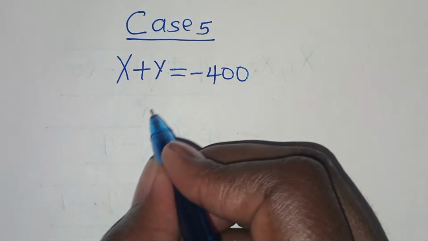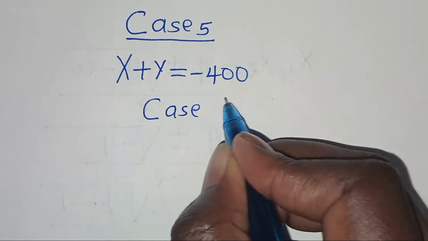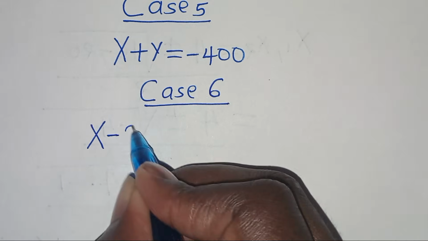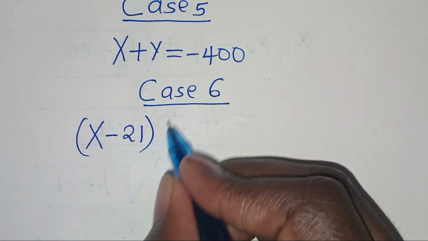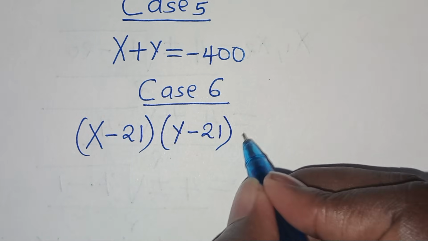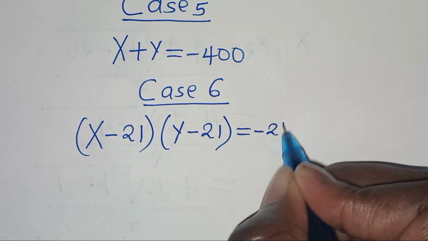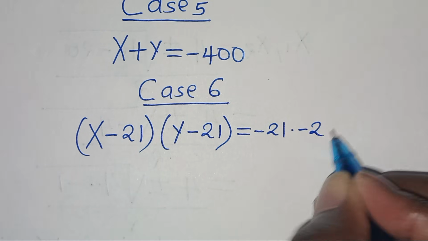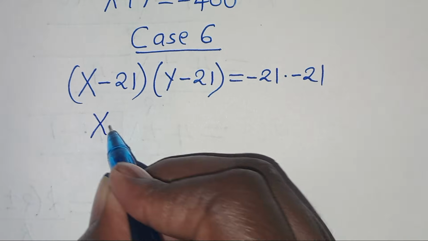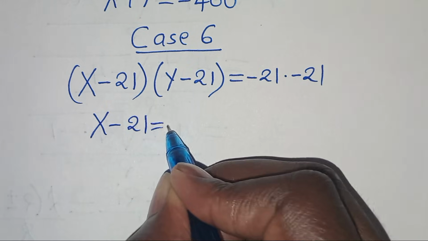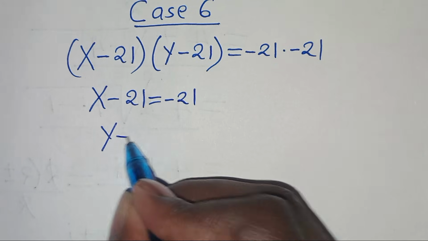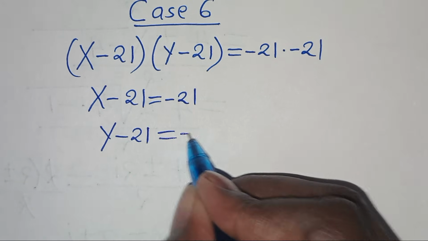Now let's proceed to case 6. In case 6, we have x minus 21 multiplied by y minus 21 equal to minus 21 times minus 21. This means x minus 21 is equal to minus 21, and y minus 21 is equal to minus 21.